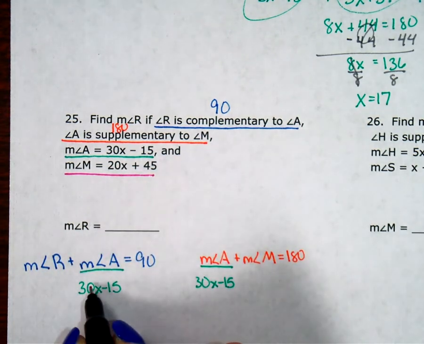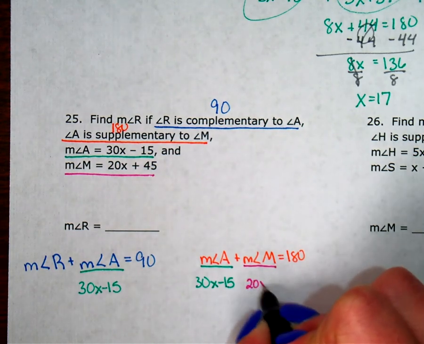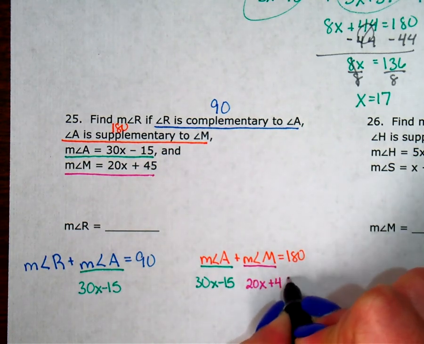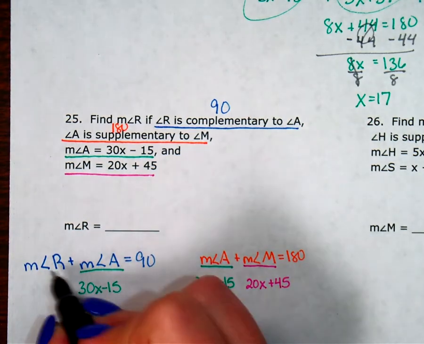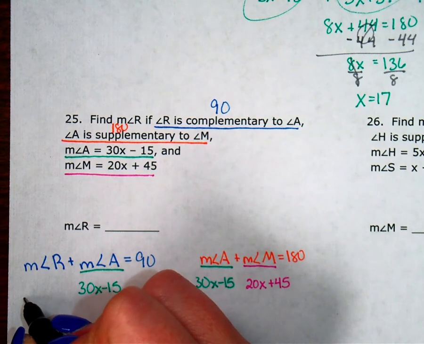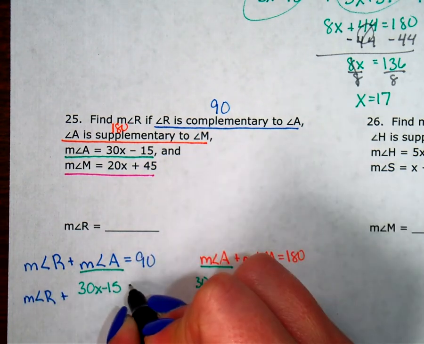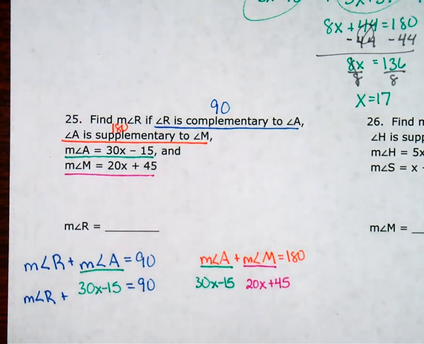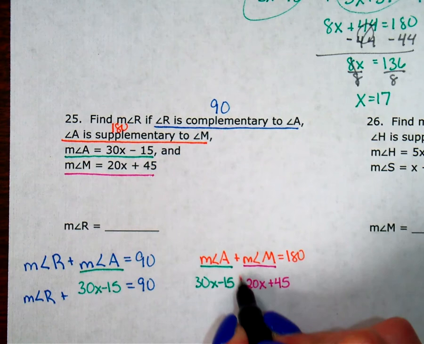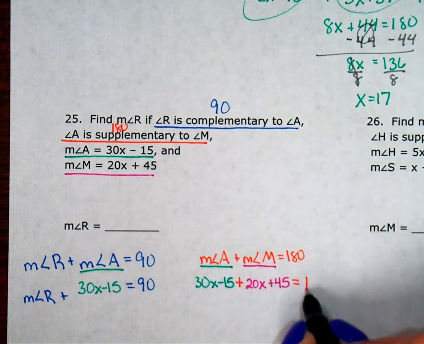I don't have an M over here, but I do over here, 20x plus 45. Okay, that's all the information they've given me. So then I drop down the stuff that hasn't been substituted in. The measure of angle R plus 30x minus 15 equals 90, and the measure of angle A plus the measure of angle M equals 180.